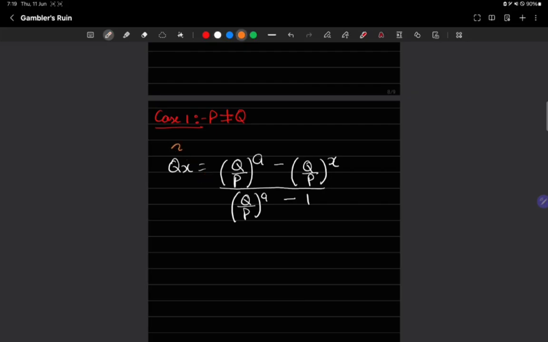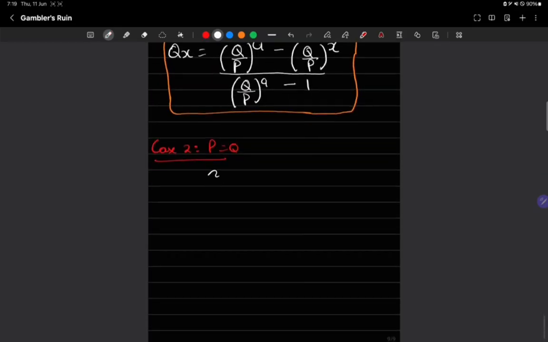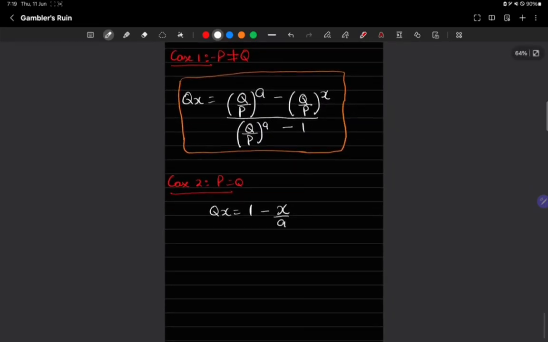And for case 2 where p is equal to q, in that case our Qx becomes 1 minus x by a. So that's it.